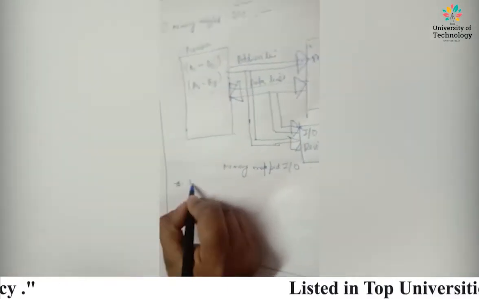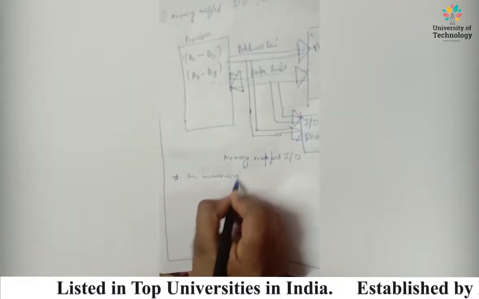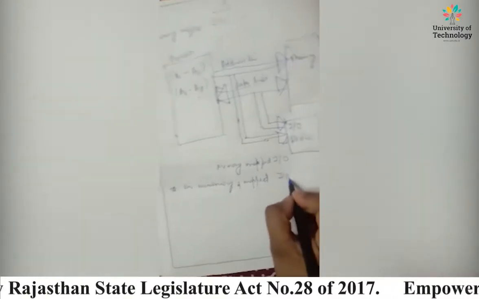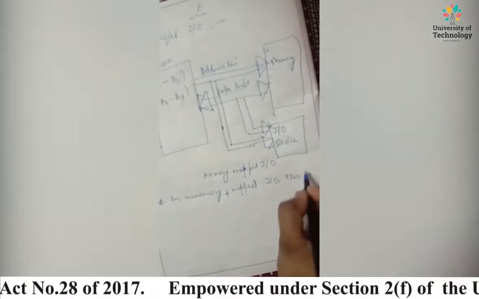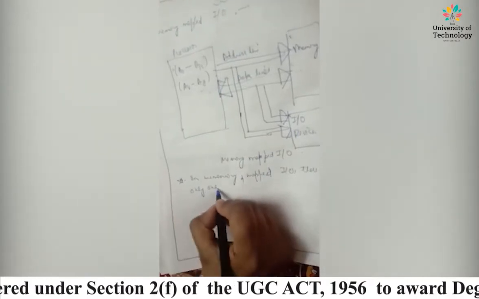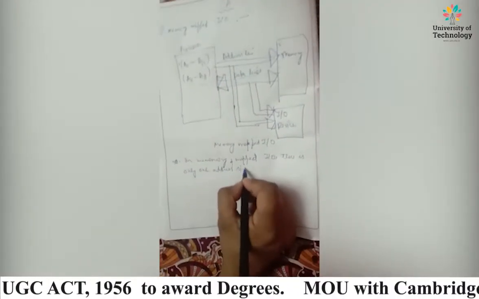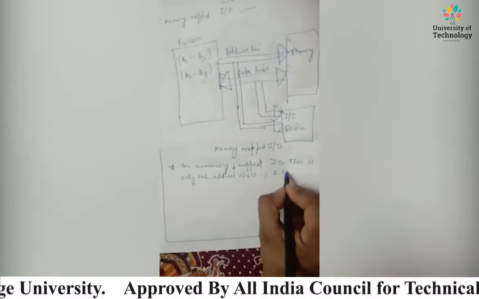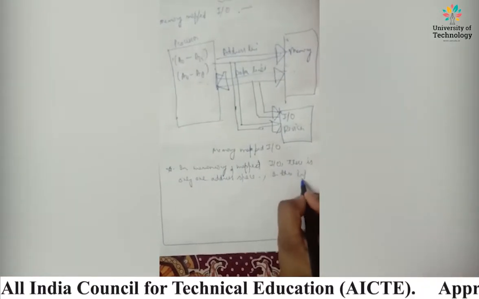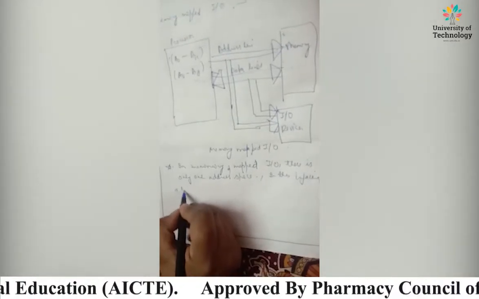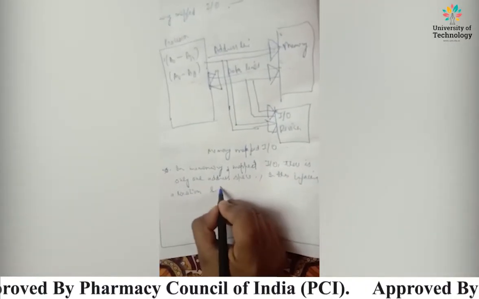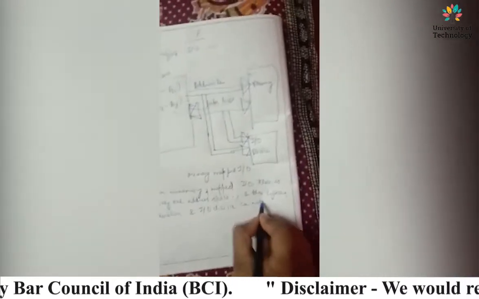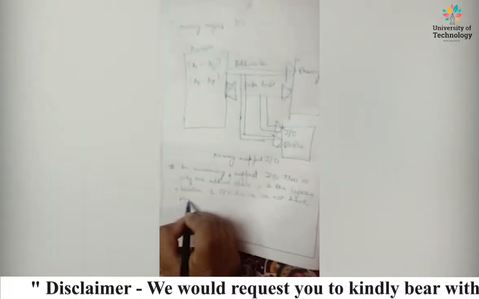So let's write it down. In memory mapped input output, there is only one address space, and since it has only one address space, in this interfacing a memory location and an input output device cannot have the same address.